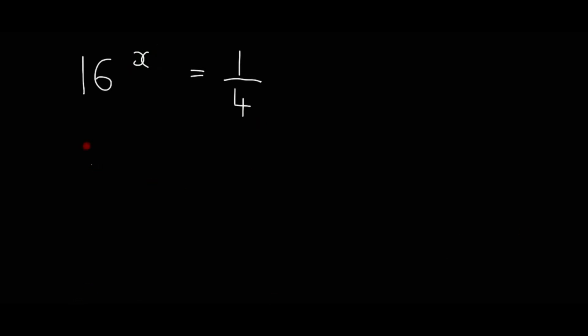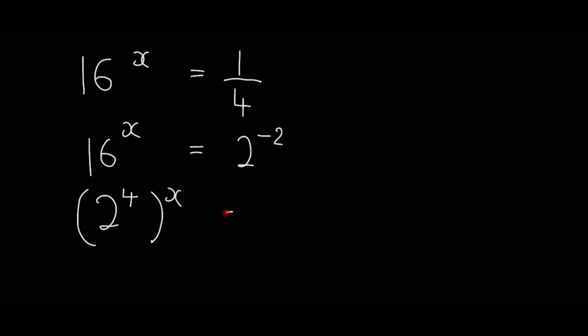So here I have 16 to the power x, and then 1 over 4 I can write as 2 to the power negative 2, and then 16 I can write as 2 to the power 4, and then I have x here. So this is the same as 2 to the power 4x, because it's 4 times x. So I have 2 to the power 4x is equals to 2 to the power minus 2, because I was trying to make the bases the same.